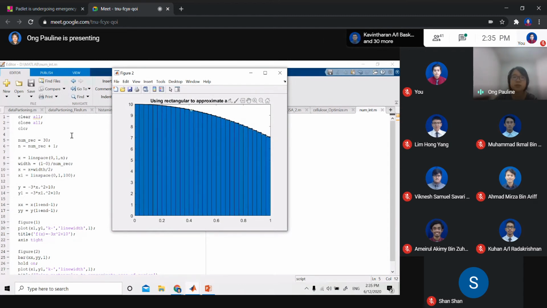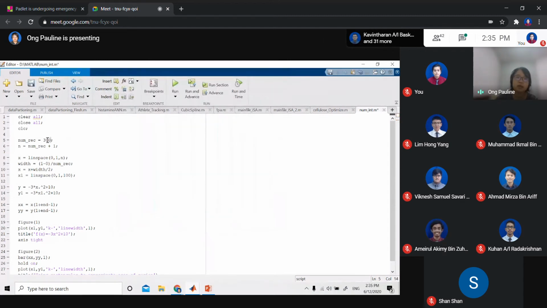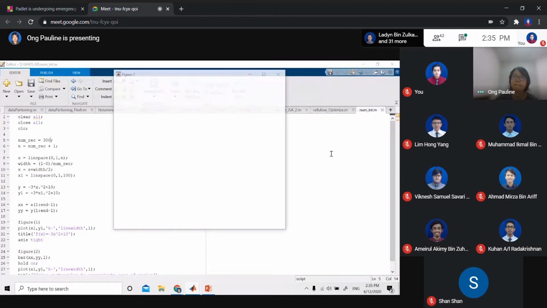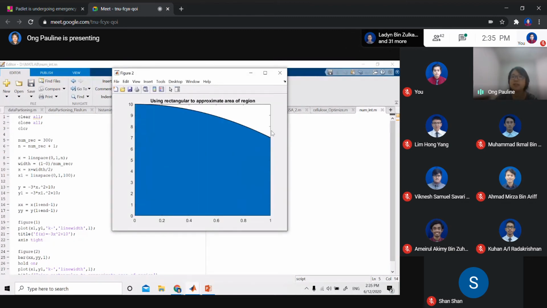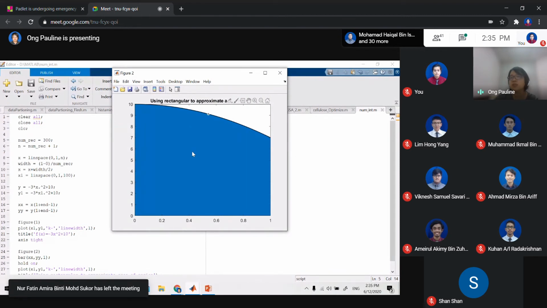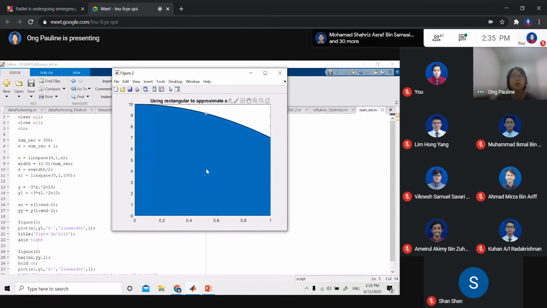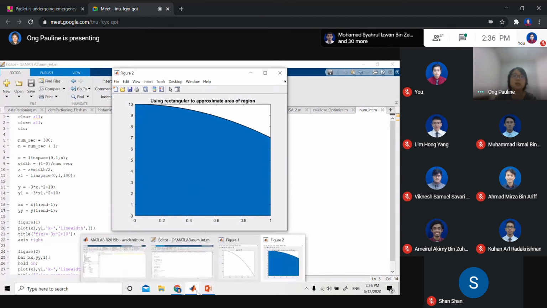So let's say I use 300 rectangles here. It looks better, right? This gives us the idea that if we want a better approximation, we can increase the number of rectangles, meaning that we use a smaller step size.